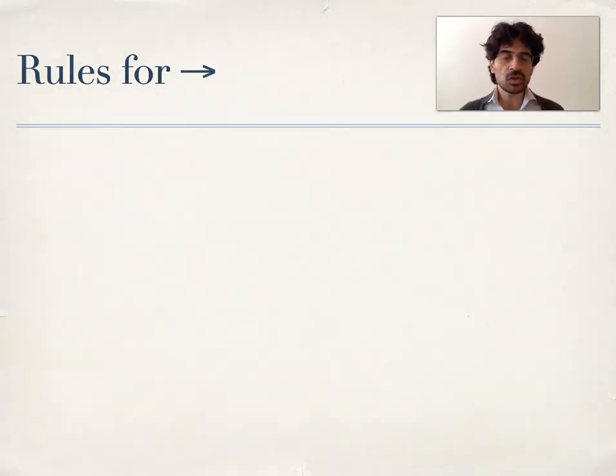Next, let's consider rules for the connective implication, the arrow from left to right, and these will again be divided into introduction and elimination rules, just like in the case of the connective conjunction, which you've just seen before.